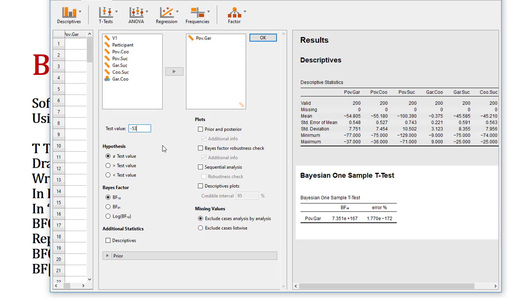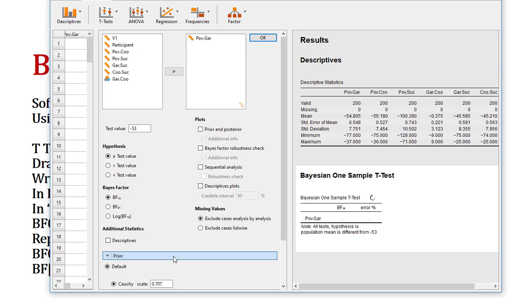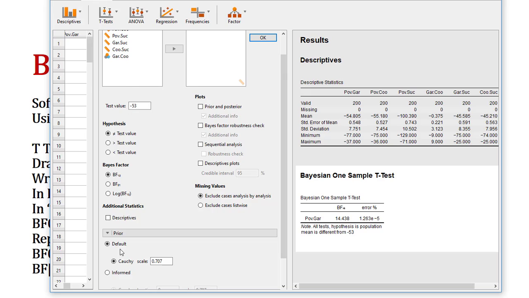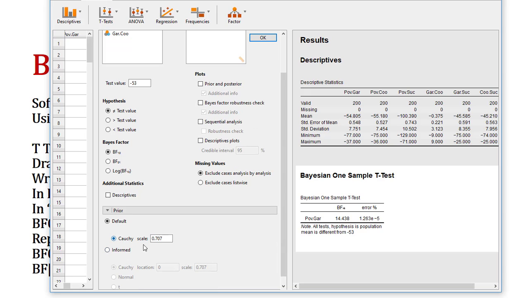So we need a trick. We need to make those alternative models, one around minus 53, the other around minus 56, so flat that they actually become the same distribution. And we can do that by modifying the prior. The default prior is the Cauchy distribution with scale 0.707.